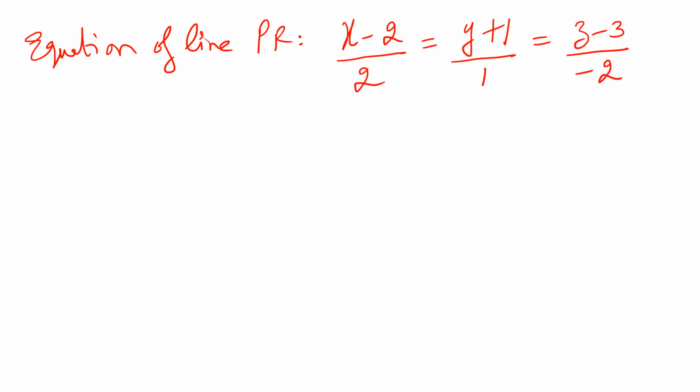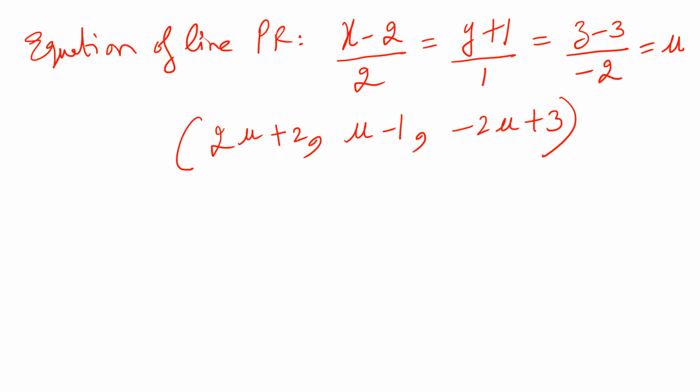Right? Now students, I am putting it equal to mu, where mu is a real number. So from here, we can write the general coordinates of any point lying on the line PR as (2 mu plus 2, mu minus 1, minus 2 mu plus 3).